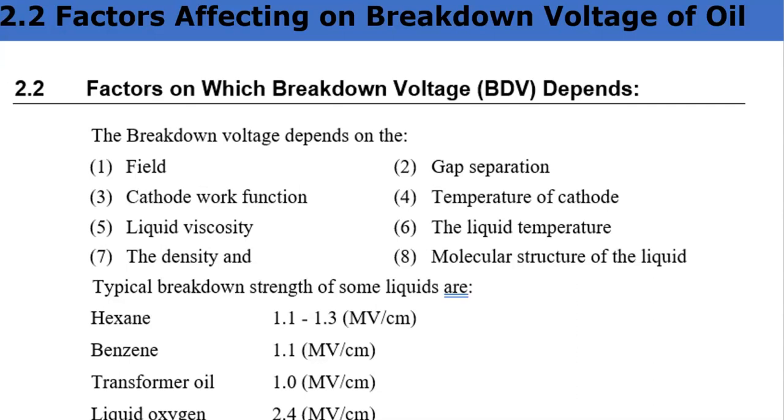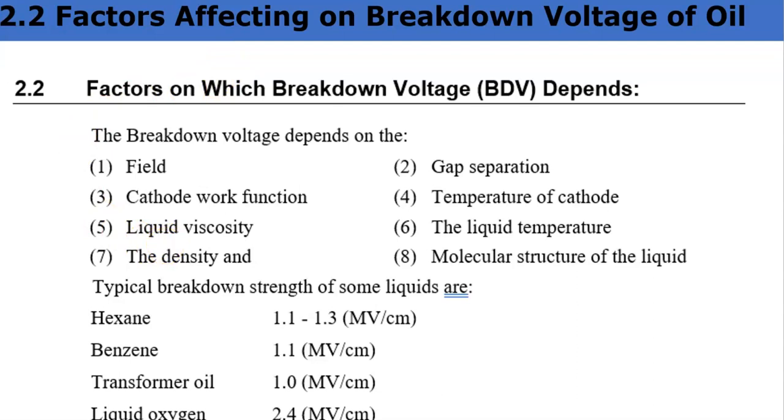But if the liquid is very thin, if viscosity is very less, then what will happen? Then the mobility of ions and whatever free electrons, they will start moving very easily if viscosity is very less. So viscosity is affecting the breakdown.